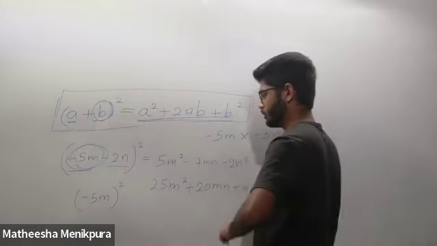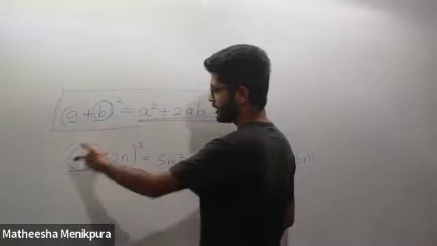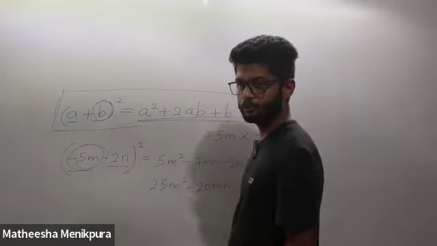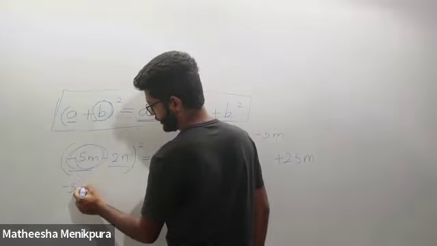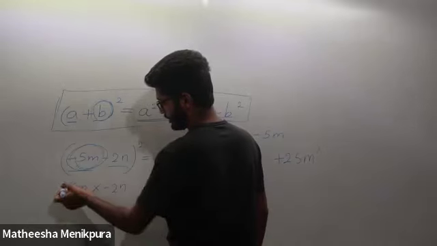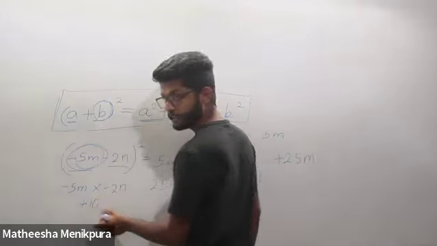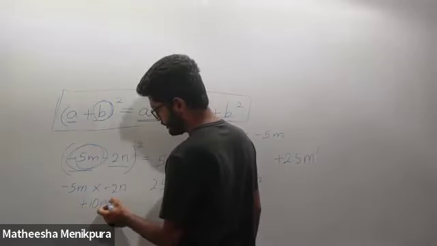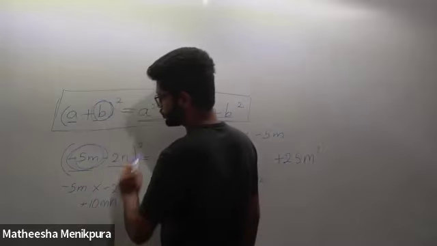Now multiply the two terms and take the double of that. Minus 5m multiplied by minus 2n: minus into minus is plus, 5 into 2 is 10, m into n is mn. This is the product of these two terms.